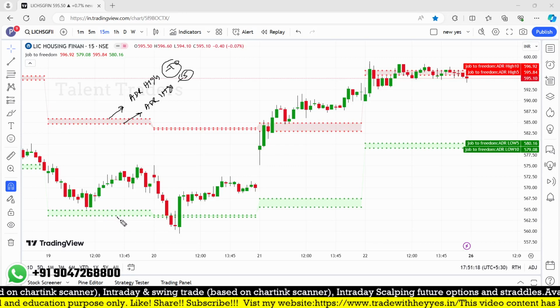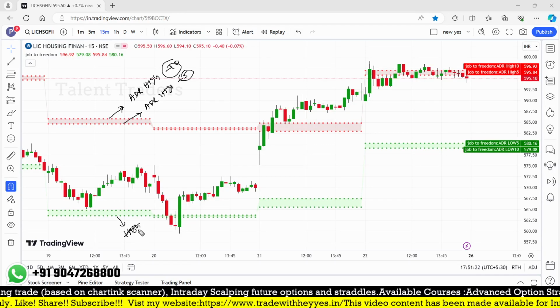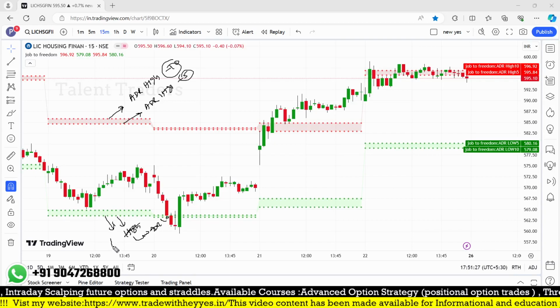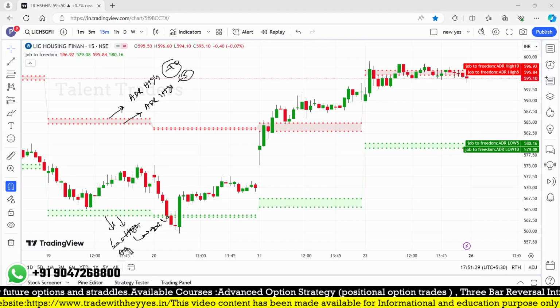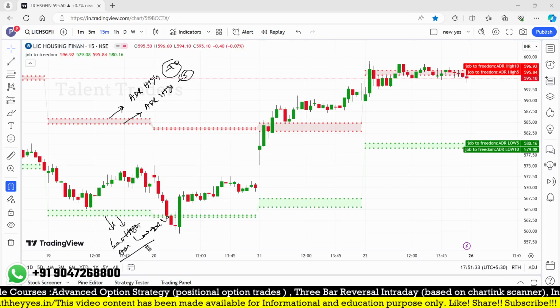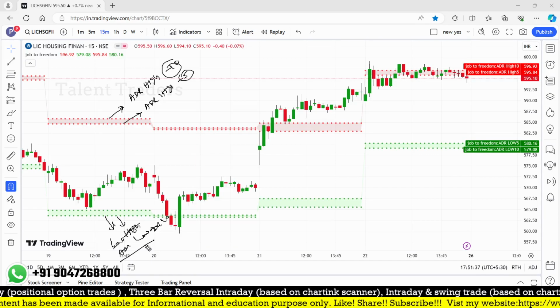At the same time, for the low, we have the low ADR 10 period and the low ADR 5 period. So in total, four calculations are used to plot this particular indicator.